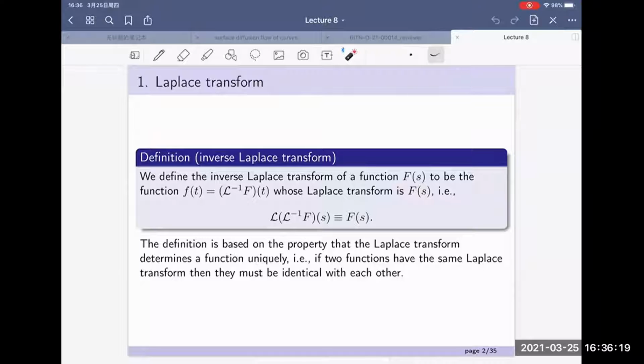So according to this definition, the inverse Laplace transform will cancel the Laplace transform. They cancel each other. That's why they are called inverses of each other. Okay.